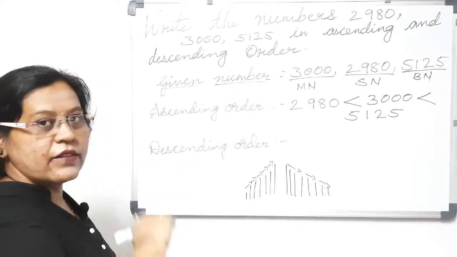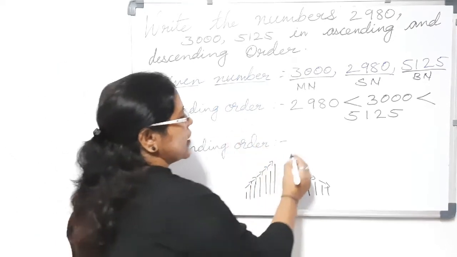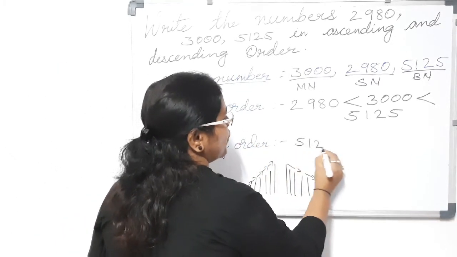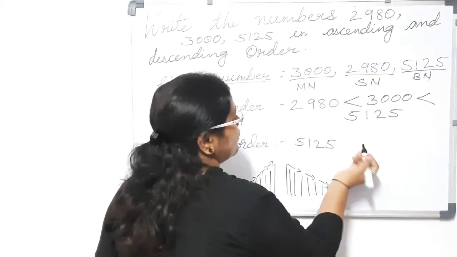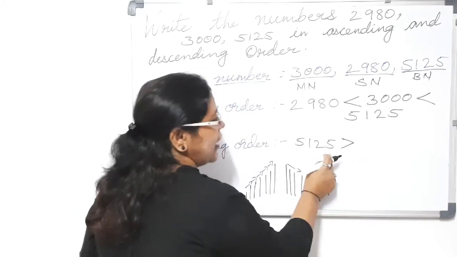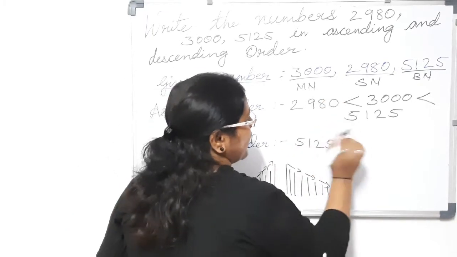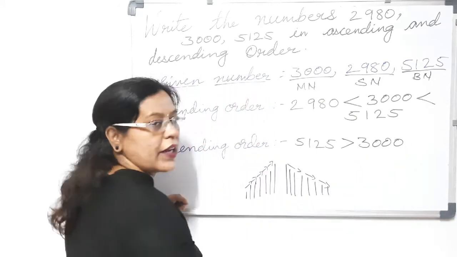Descending order means the same, reverse of the ascending order. That is, the bigger number comes first, that is 5125 is the bigger number. Then the greater sign. So 5125 is greater than 3000. 3000 here is the middle number.